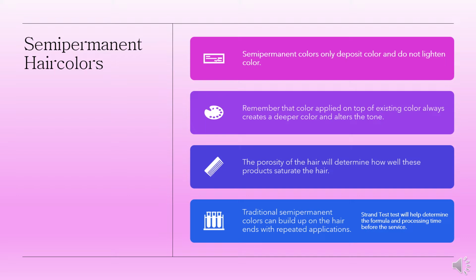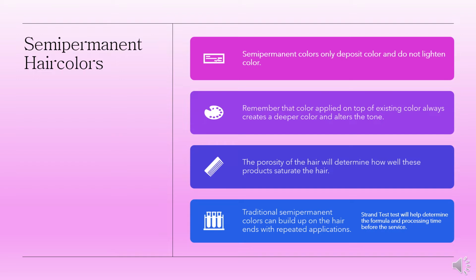Semi-permanent hair color. Semi-permanent hair colors only deposit and do not lighten the hair. Remember that color applied on top of existing color always creates a deeper color or alters the tone.